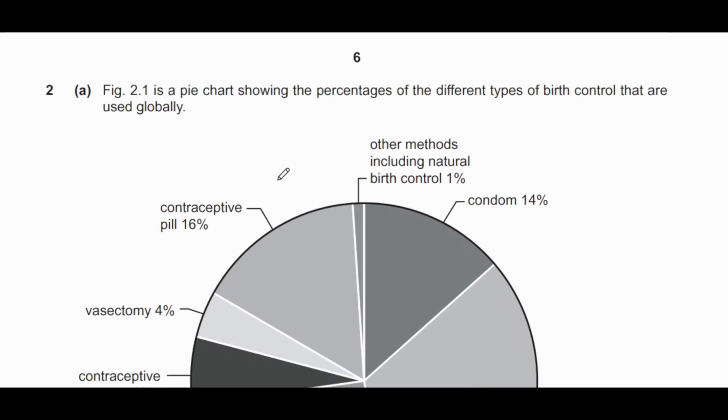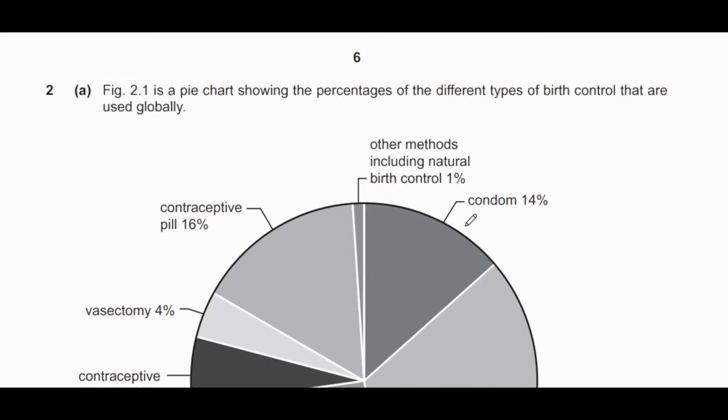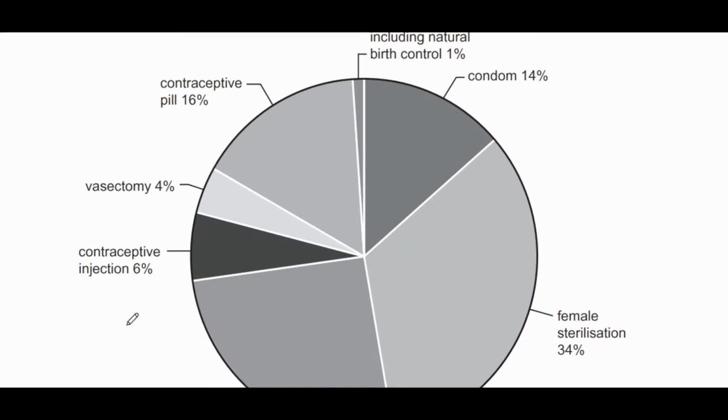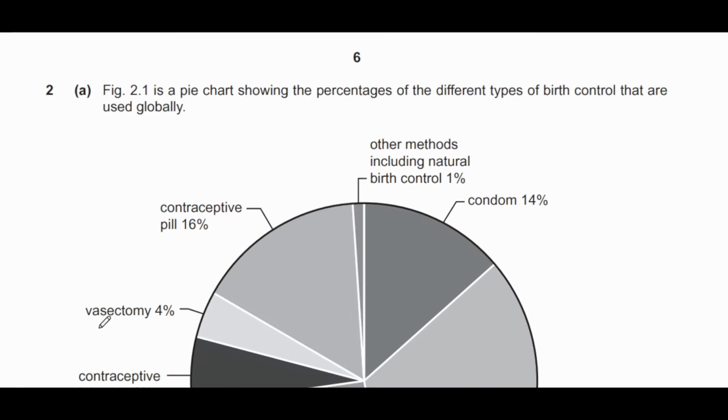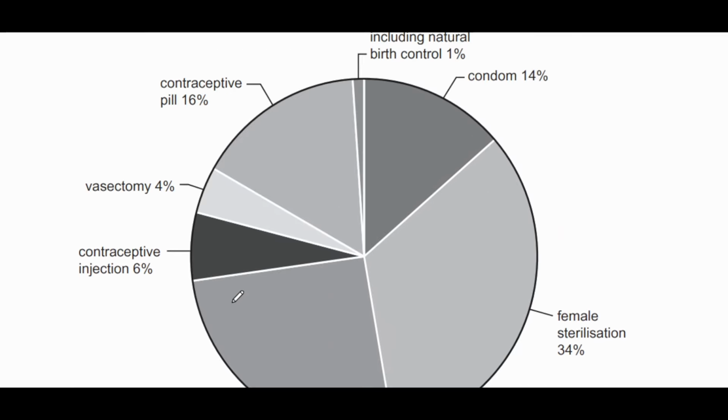Okay, next question. Question 2. Fig 2.1 is a pie chart showing the percentages of different types of birth control that are used globally. Okay, so here you see there's condoms, female sterilization, IUD, contraceptive injection, vasectomy, contraceptive pill, and other methods. Okay, state the most commonly used form of birth control.